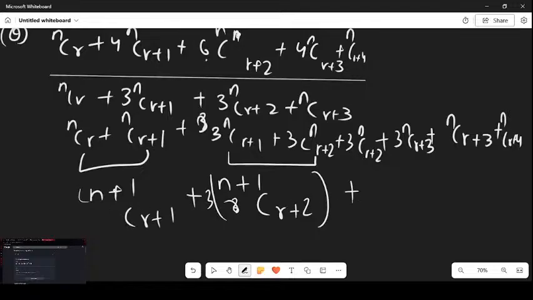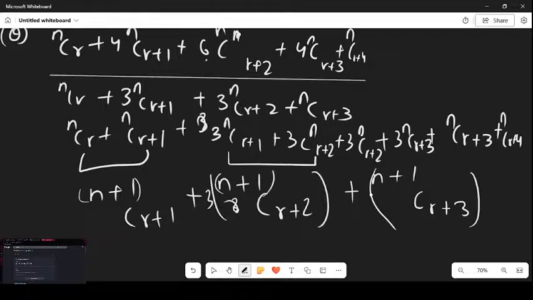We wrote it in terms of something which is common, right? (n plus 1)C(r plus 2).